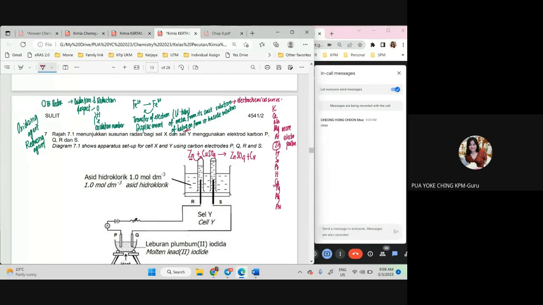Okay, and another one is displacement of halogen. So displacement of halogens, very simple: fluorine, chlorine, bromine, iodine, astatine. Okay, sama juga yang atas displace bawah, but just now is metal, so it's more electropositive. So for this one it is more electronegative.